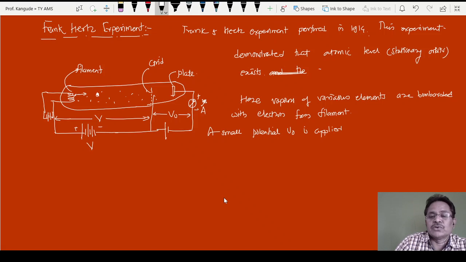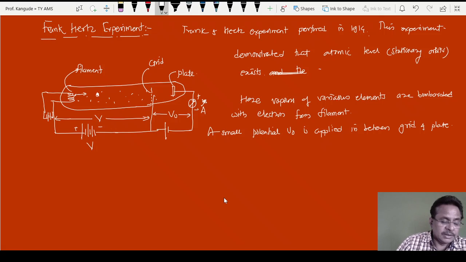The grid is also a metal plate, but it has some holes. That's what a grid is. It prevents electrons with less than a certain energy from reaching the plate. That means not all electrons are supposed to come here. Only those electrons having some specific energy will be allowed to pass through the grid.